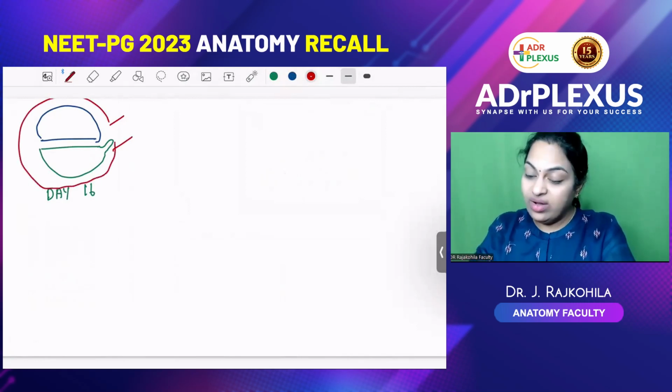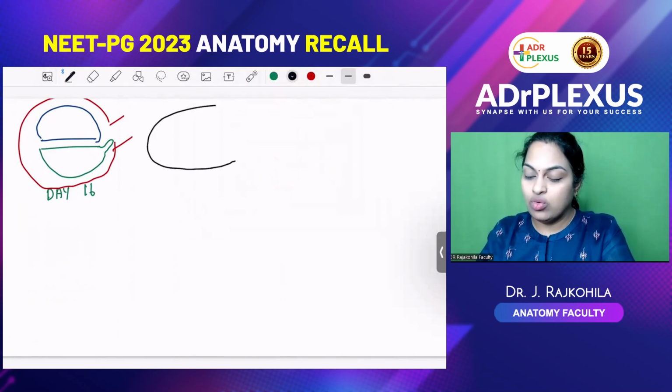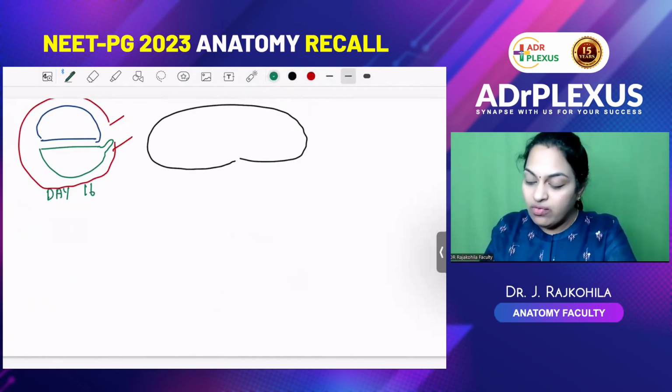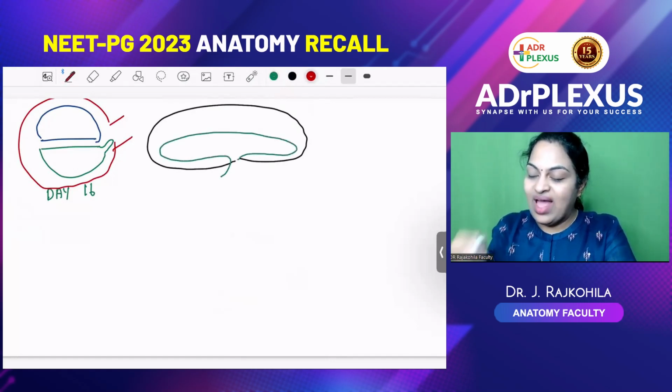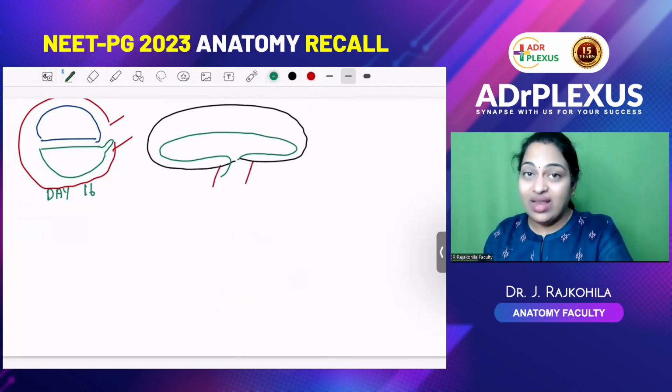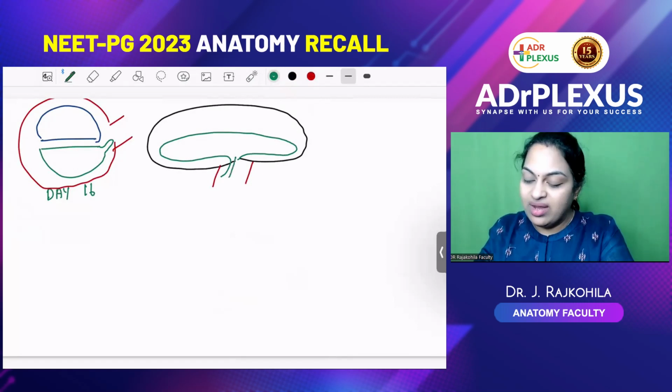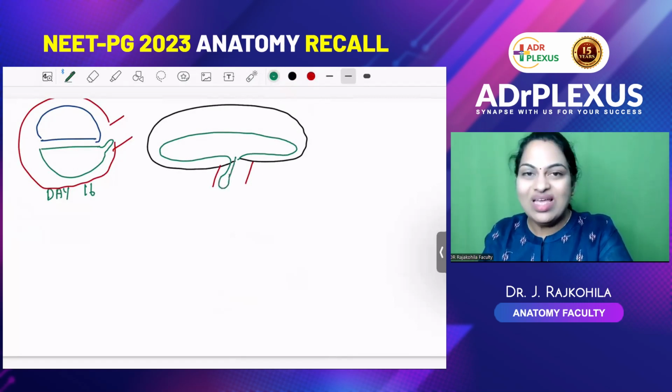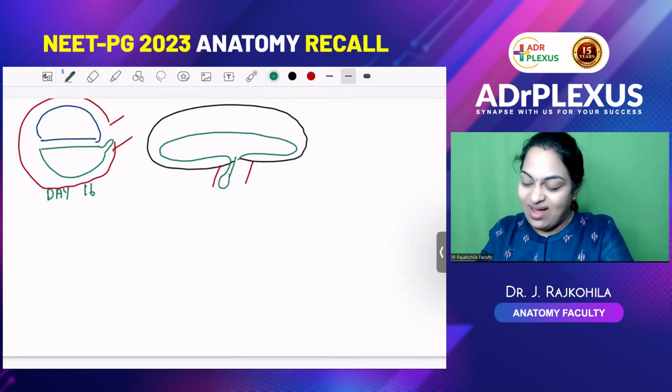Now, during the folding of the embryo, the endoderm of the yolk sac gets incorporated into the embryo as the gut tube. In the region of the umbilical cord, the endodermal gut tube is connected to the remnant of the yolk sac through the vitellointestinal duct.